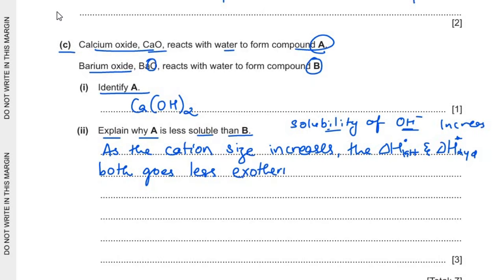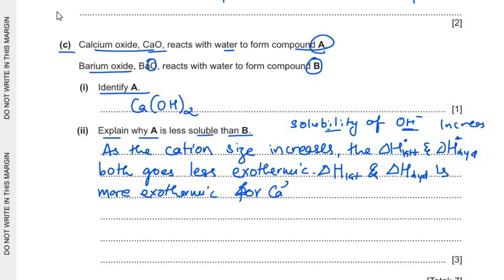What does that mean? That the delta H lattice and delta H hydration are more exothermic for Ca2+, that is calcium hydroxide, than for barium hydroxide.